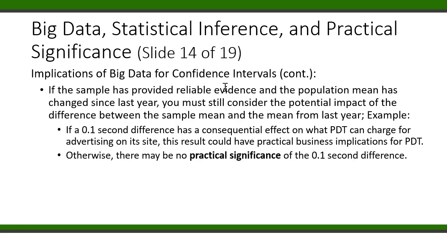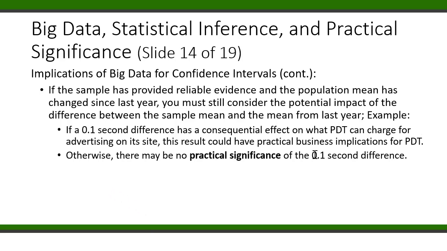If it's reliable evidence and that population mean has actually changed since last year, you still have to think about the impact of the difference between the sample mean you got this year and the mean from last year. So for example, if there is a 0.1 second difference, then there's a consequential effect on what that newspaper can charge for advertising on its site, because now people are spending more time. But it's not all that much time.